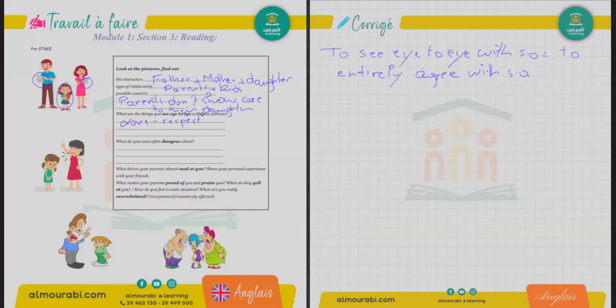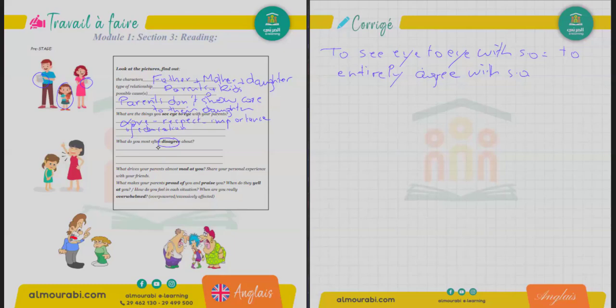We see eye to eye with our parents on issues related to the importance of education. We agree on many issues, but sometimes, or most often, we disagree on certain issues.